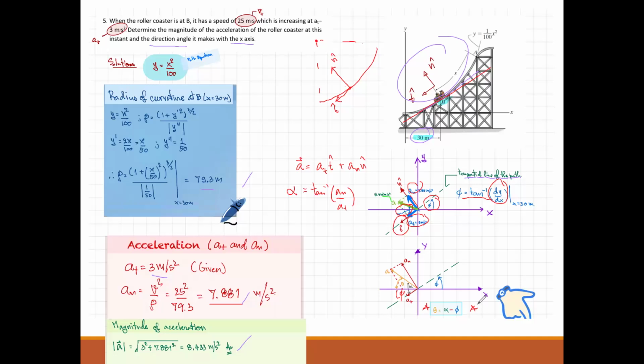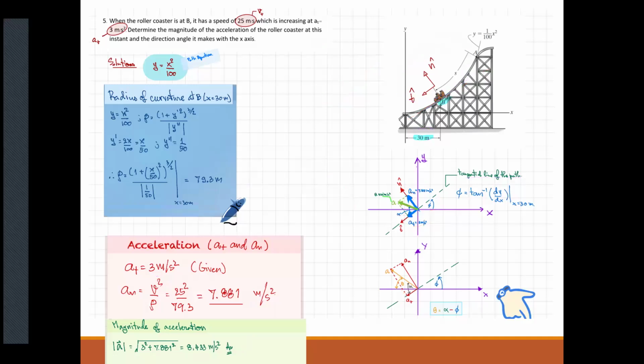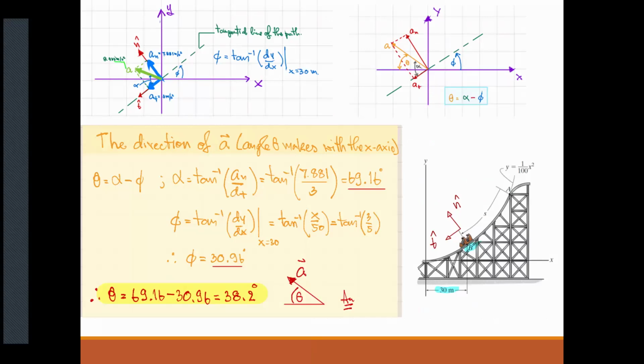Okay, so let's work out the angles. We determine the angle alpha is equal to 69.16 degrees, and the angle phi is equal to 30.96 degrees.